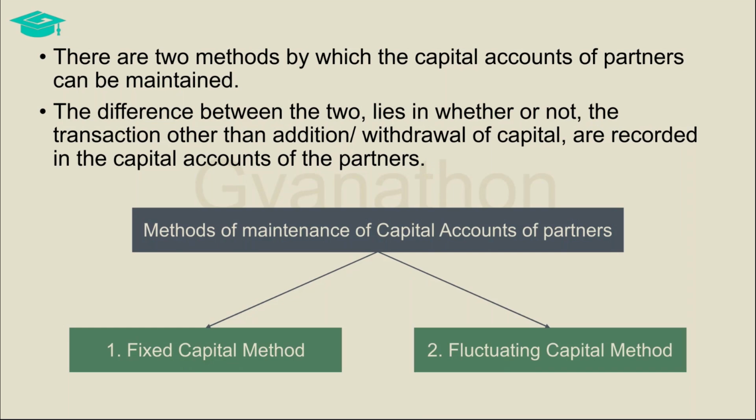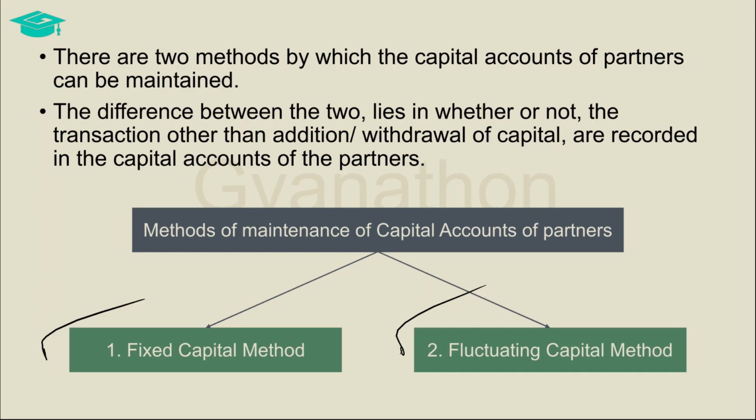There are two ways, or say two methods, in which partners' capital accounts are maintained. One is the fixed capital method, and the other is the fluctuating capital method. The basic difference in these two methods is on the basis of how the transactions other than addition or withdrawal of capital are recorded.